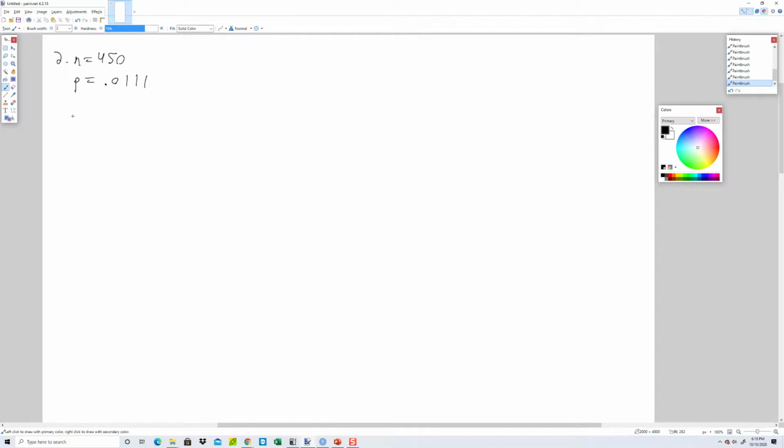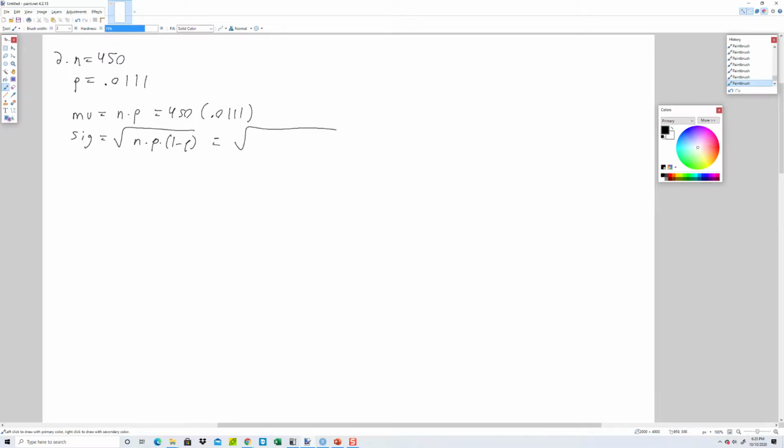I actually like that. It's a little bit cleaner, I think. But mu is going to be equal to n times p, which is 450 times 0.0111. Our sigma is going to equal square root of n times p times 1 minus p.